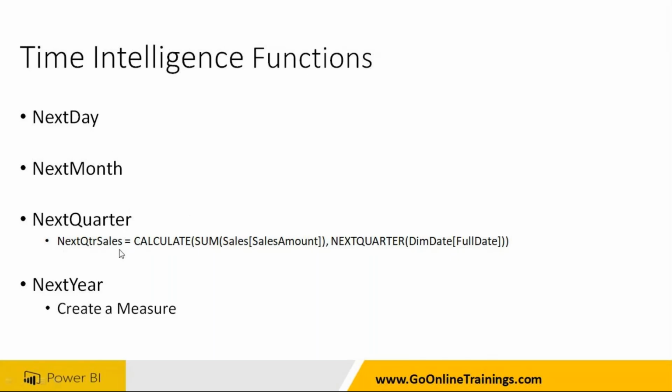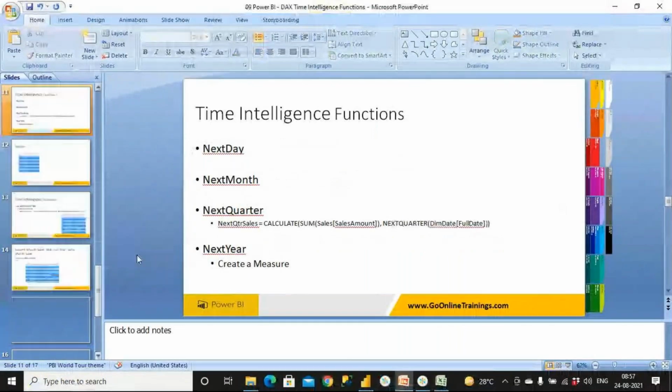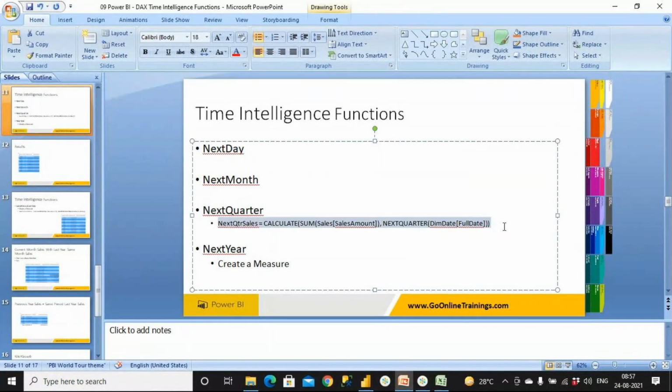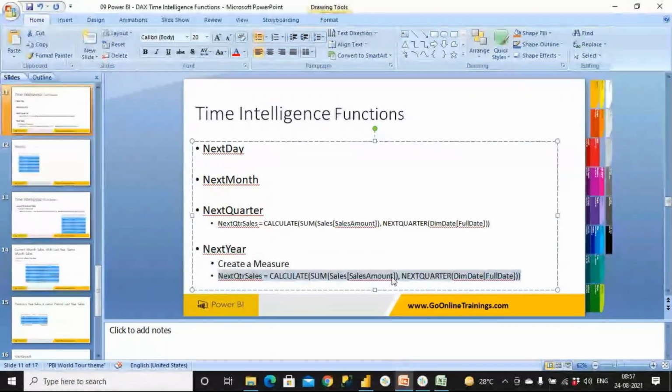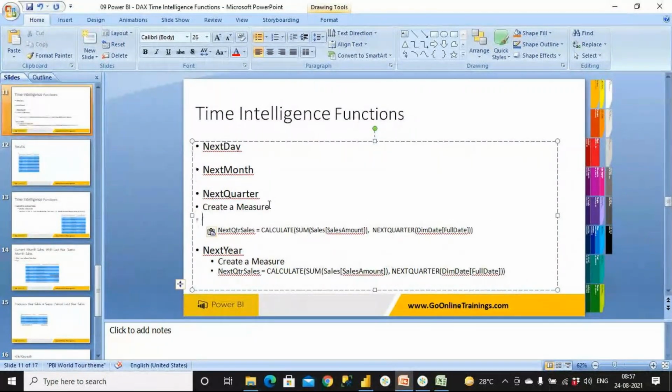These are very, very simple. So let me use next year or next quarter, whatever you would like to have. If it is next year, always you need to create a measure first, because all these are measures. You first create the measures, then work with them.